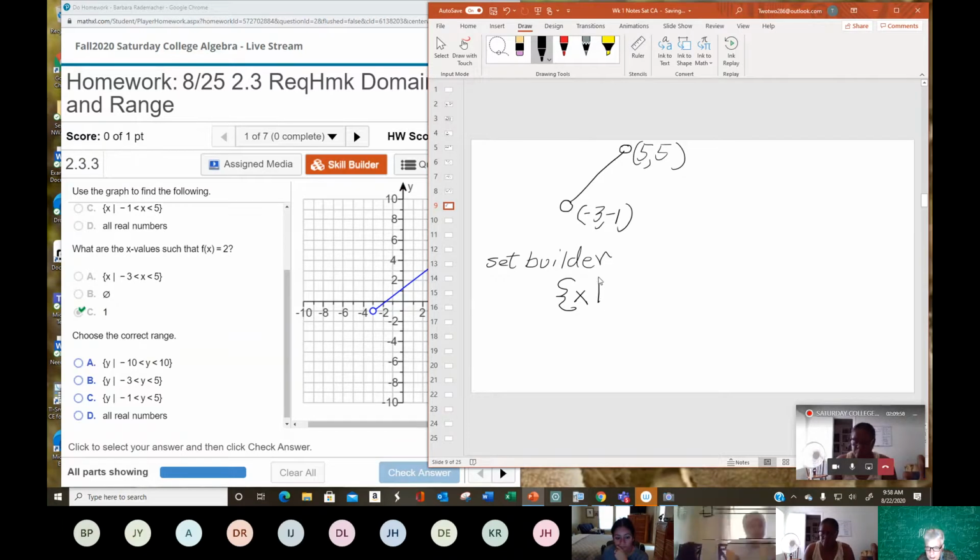This isn't a 1, this is a bar, a vertical bar going up and down. It separates. And for the domain, so this would be the domain. And the range would be this.